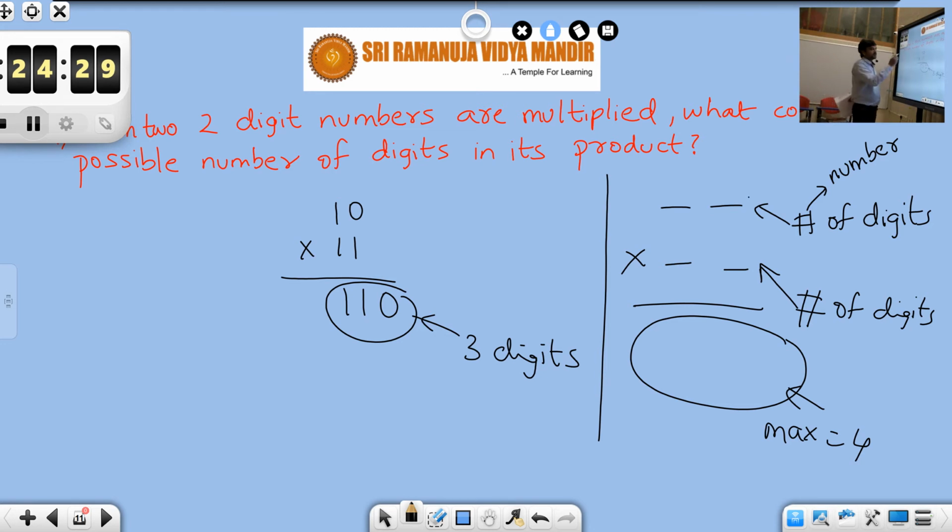And see, for the product of two two-digit numbers, the maximum would be 99 into 99, right? This is the maximum case. 99 square. What is 99 square? We have learned some method, right? For 99 square, we'll write 99 as 100 minus x.